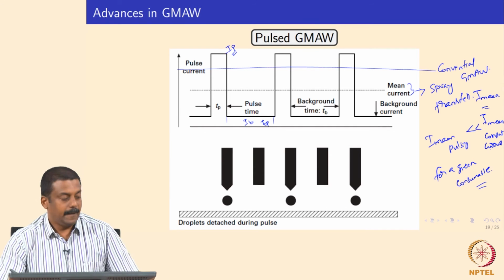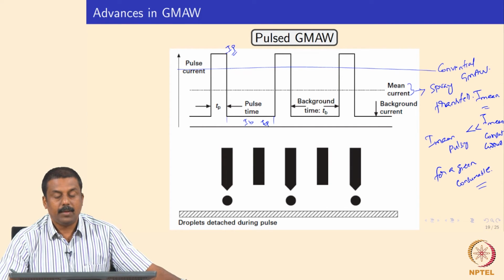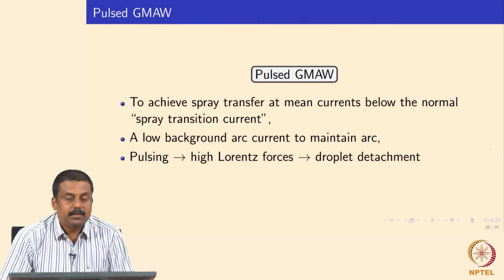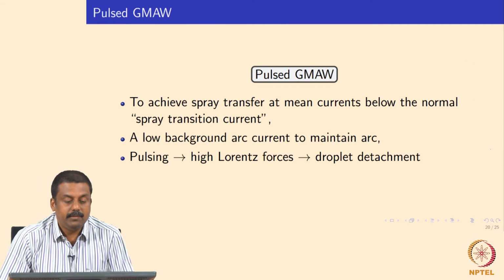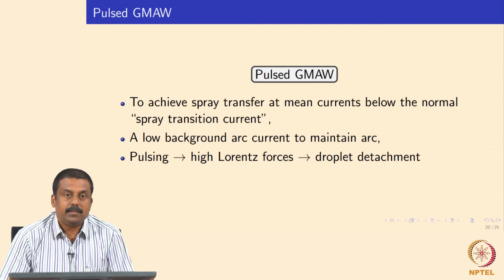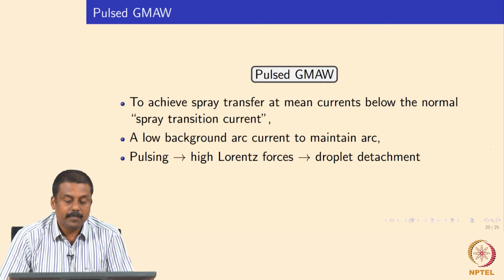But again, compared to the conventional welding process, pulse GMAW is used to achieve the spray transfer at mean currents much below the normal spray transition when you use the constant current.